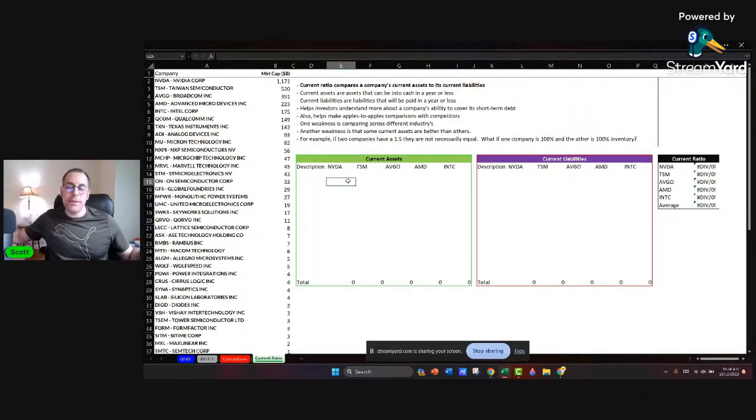The other company has inventory, all their current assets are inventory. Well, inventory can't cover your debts. You have to sell your inventory, and sometimes it's not easy to sell inventory. It's doable, but it's not easy. Cash is the definition of liquid, so you don't have to convert it to anything. It's already in its most liquid form.